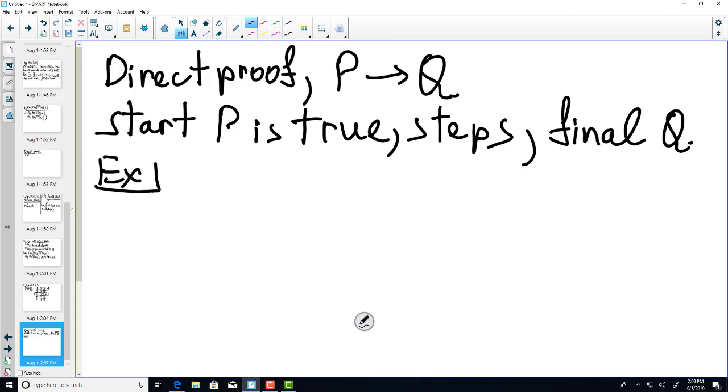Let's do an example. Suppose n and m are integers.